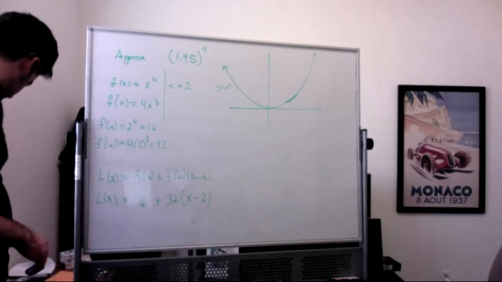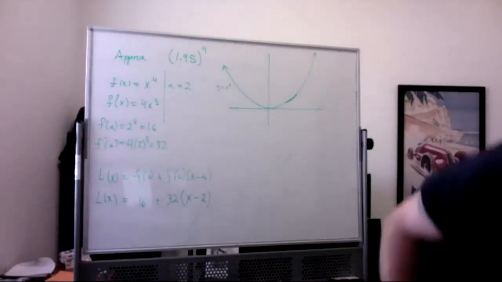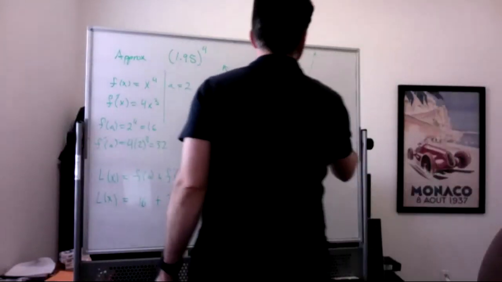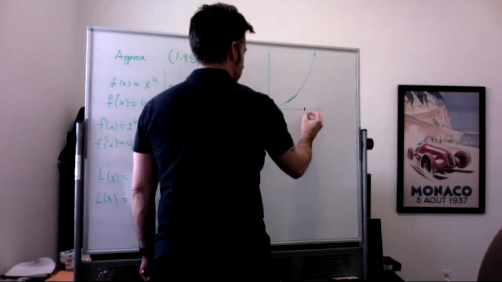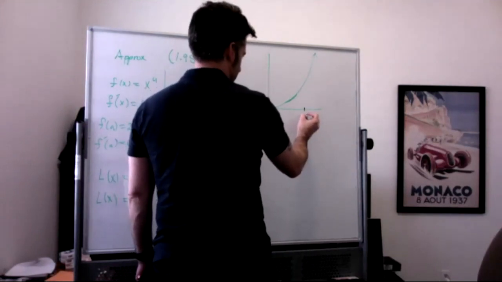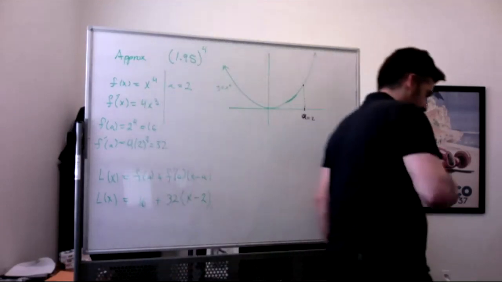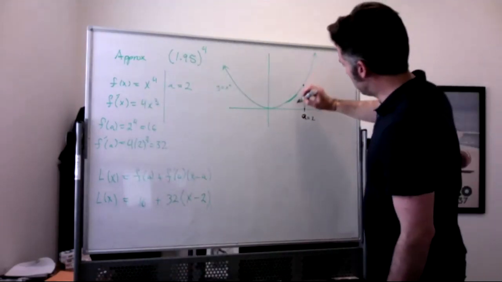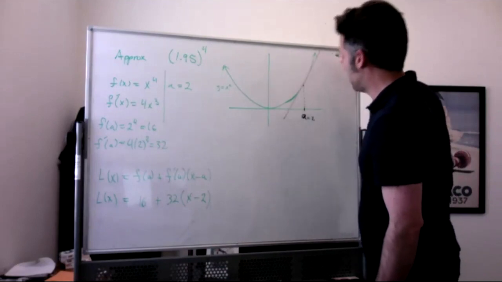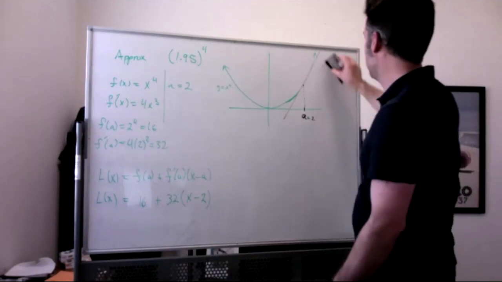So let me see if I can draw some stuff and make it look kind of smart. So here's a equal to 2, and here's the tangent line. Did not draw that as well as I wanted to.